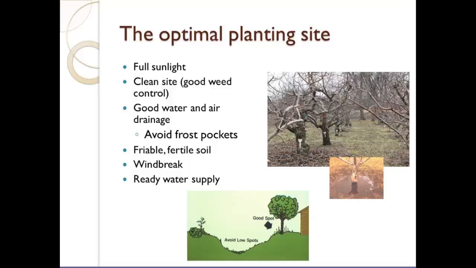Now we can't always, and if you are planting in frost pockets, you really want to put the plants that are the later bloomers and the more cold hardy. So the things that you would avoid putting in frost pockets are things that are very early bloomers, like if you want to have a couple of apricot trees, those are very early bloomers. Cherries have a tendency to be fairly early.